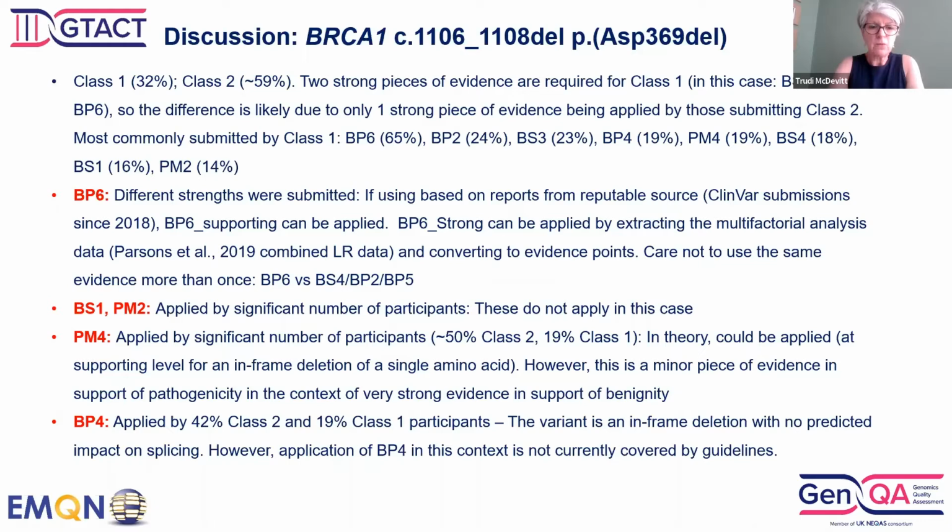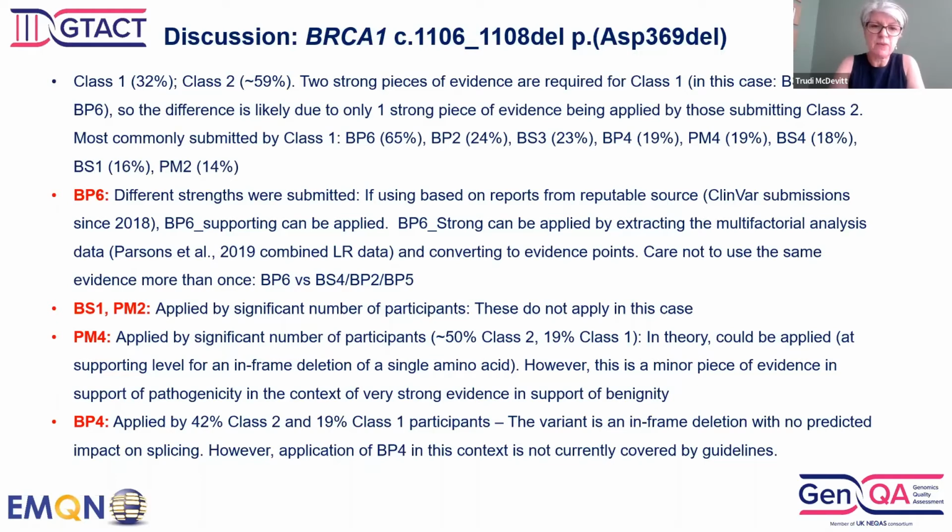PM4 was actually applied by a significant number of participants, and you can see why this might have been applied. It's for an in-frame deletion of a single amino acid at a supporting level. However, you need to be cognizant of the conservation of the amino acid. It needs to be a highly conserved amino acid for PM4 to be applied.